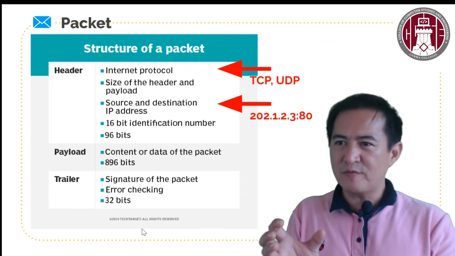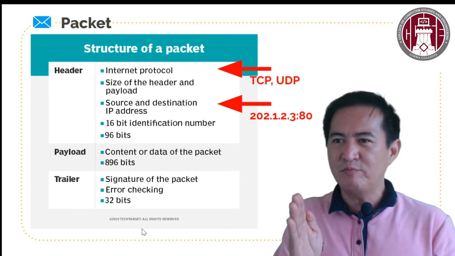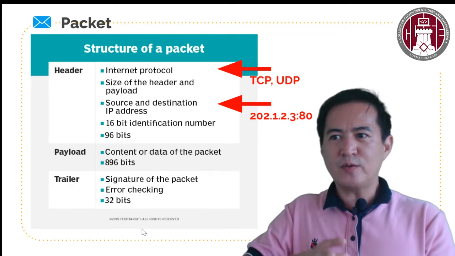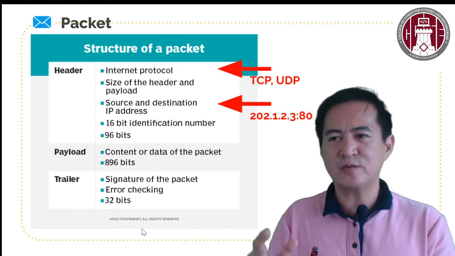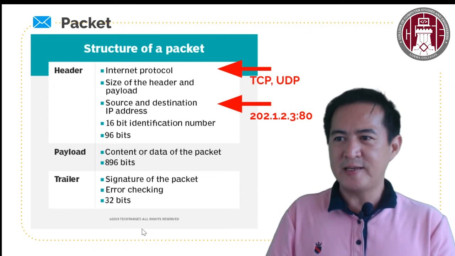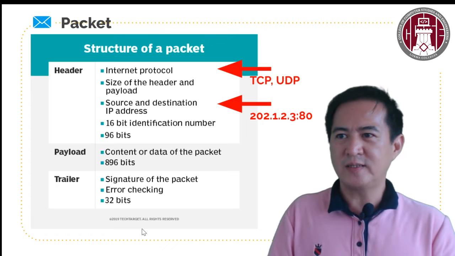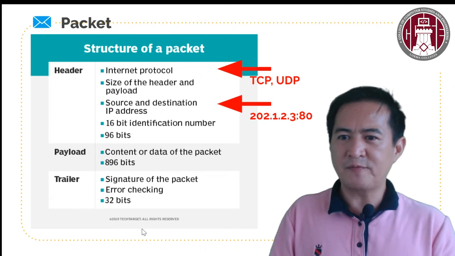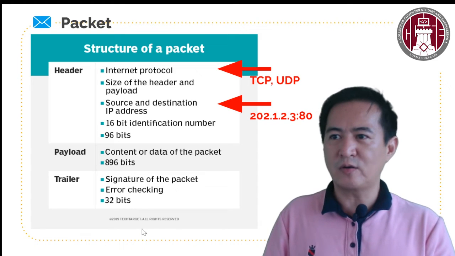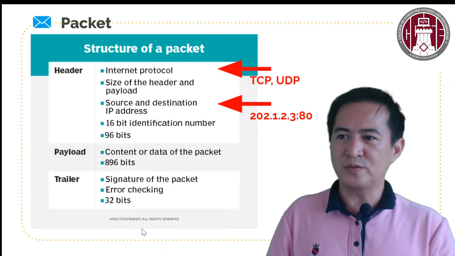You can make use of that information to block or filter a packet based on the source IP address or the destination IP address. And a lot more can be filtered, depending on the device or type of router or firewall that you are going to use.